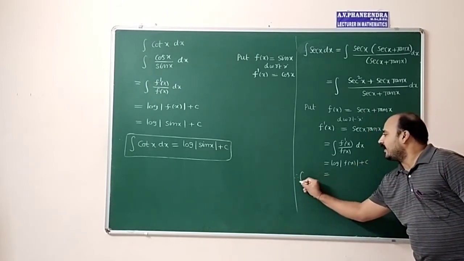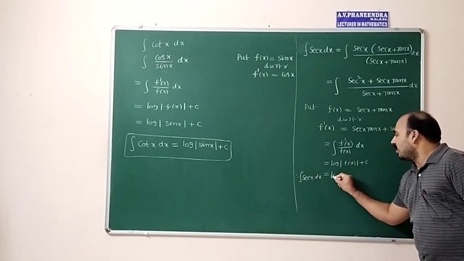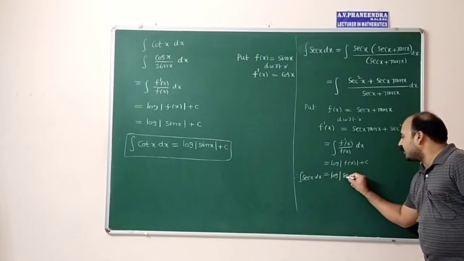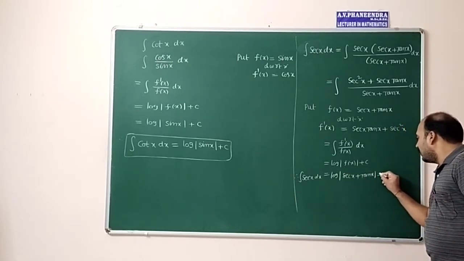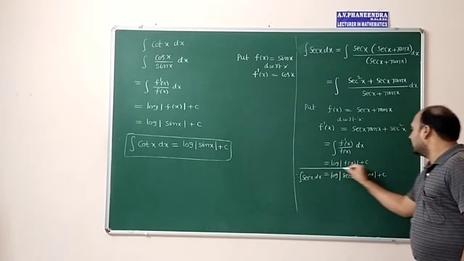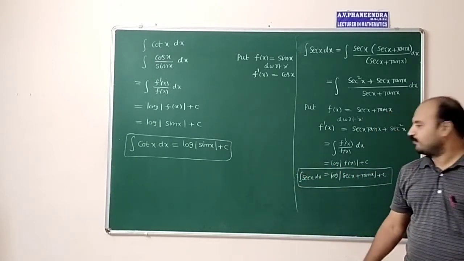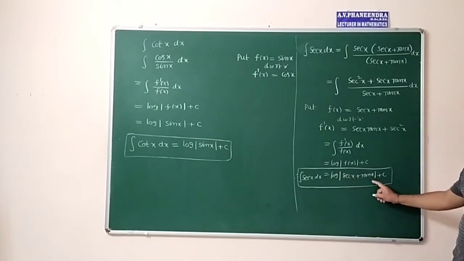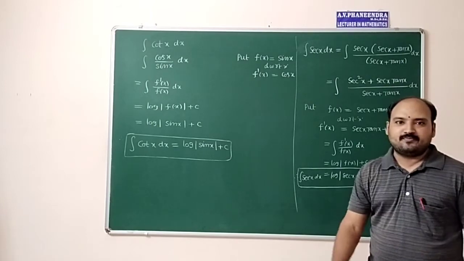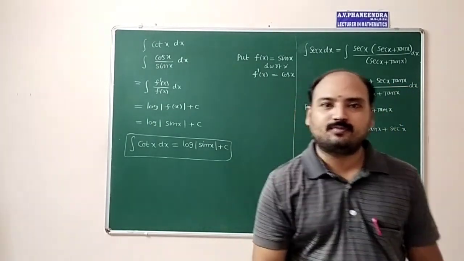Therefore, integral secant x dx is equal to log mod secant x plus tan x. This is also a formula. It will come a number of times while solving questions. Integral secant x dx is equal to log mod secant x plus tan x plus c. After that, integral cosecant x I am going to discuss now.